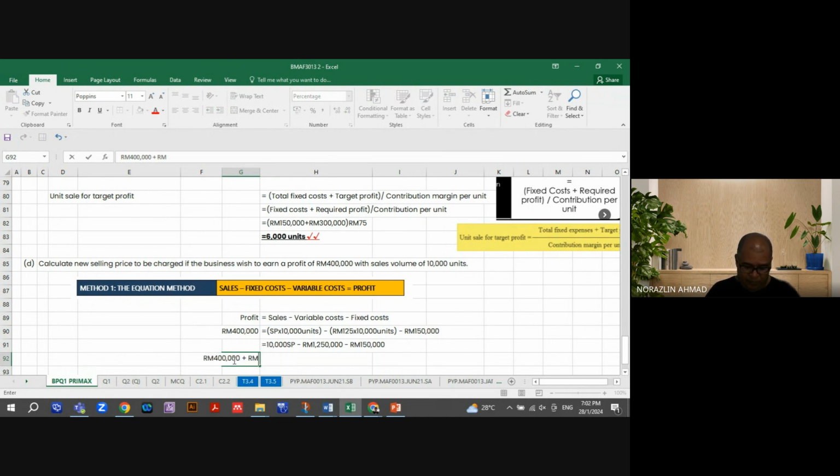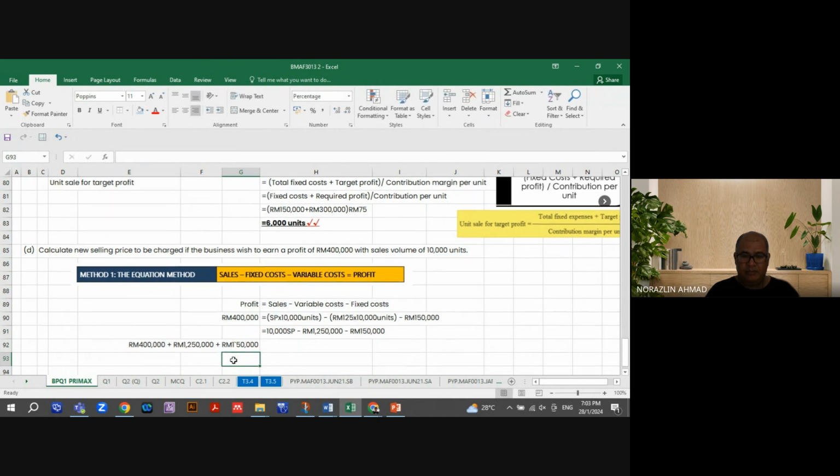Plus RM 1.25 million plus RM 150,000 equals 10,000 SP.